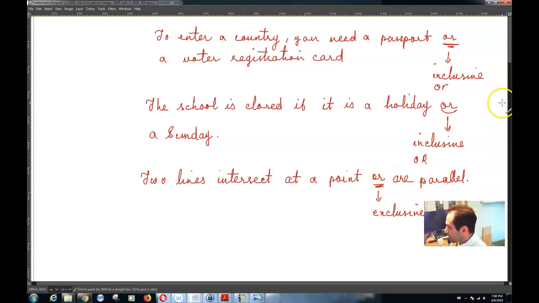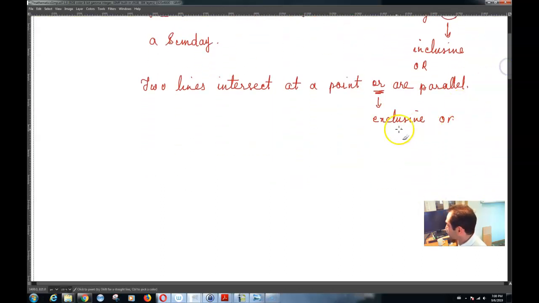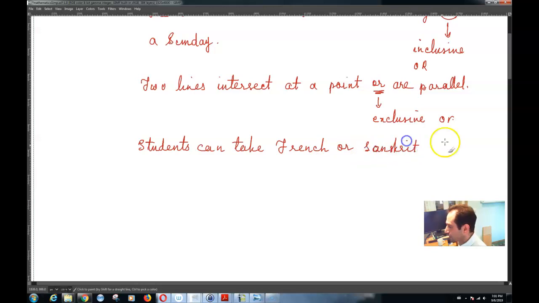Or if you say that, for example, students can take French or Sanskrit as their third language.